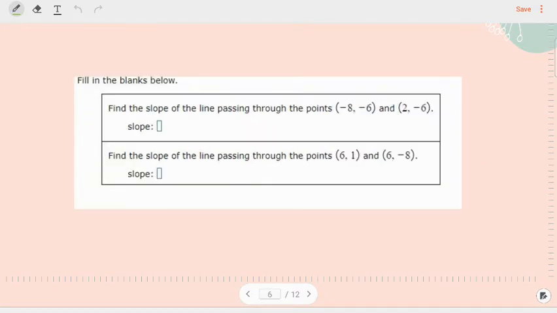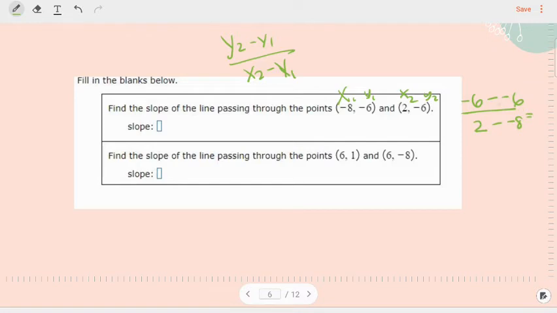Okay, so these next two questions are a similar thing. I'm going to write my slope formula again: y2 minus y1 over x2 minus x1. Let's label our points. xy, first point. xy, second point. Let's use our slope formula. -6 minus -6, 2 minus -8.